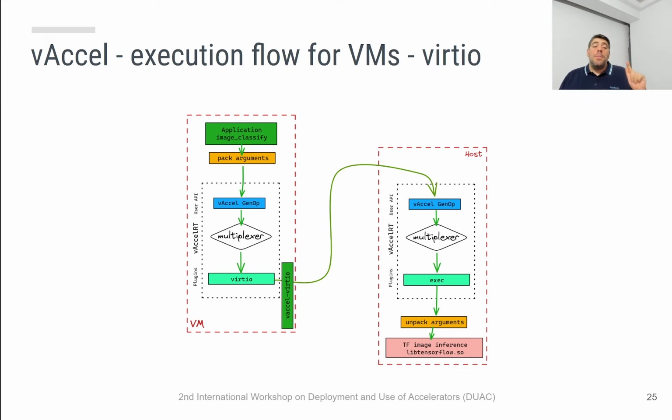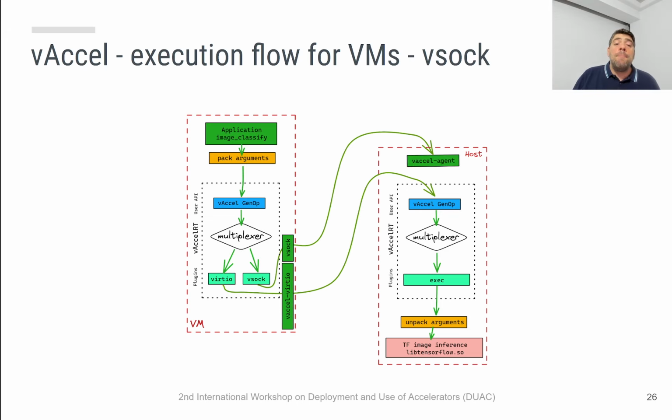Now, because adding a new device to hypervisors is not an easy task, and we're not going to get it upstream, it's too hard to get it upstream on hypervisors, and maintaining custom VMM branches is kind of hard to do, we also added a vsock implementation.